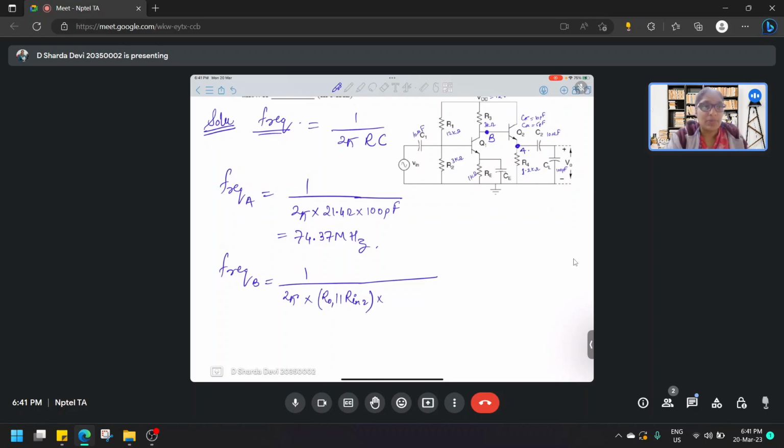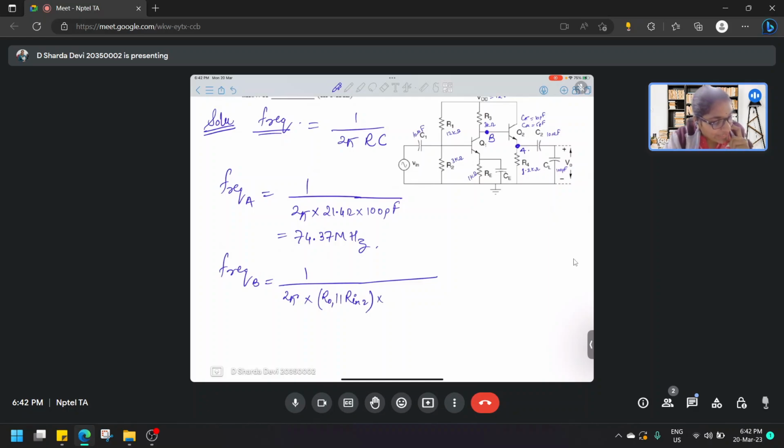So it will be majorly based on the intrinsic parasitic capacitances. It's already mentioned that we should neglect the intrinsic capacitances for stage 1. So there will be the contribution of intrinsic capacitances from stage 2 only.